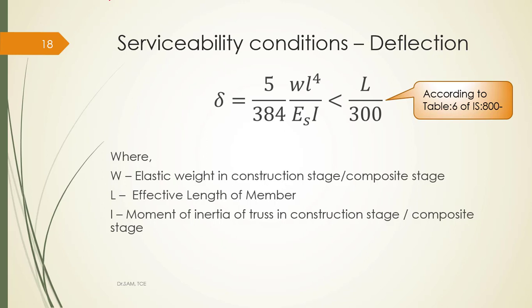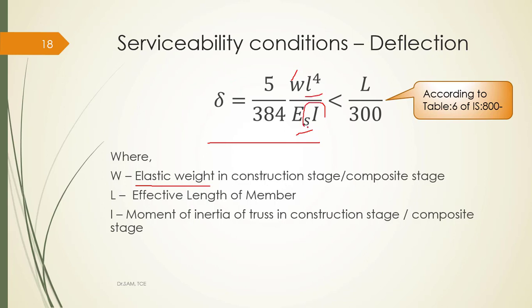Coming to the serviceability check, here mainly we check against deflection. Since most of the composite trusses are simply supported, the deflection will be 5 by 384 WL power 4 by ES I. Here E_s is the Young's modulus of steel, since the majority of the material is steel. W is the elastic load, that is, without any partial factor you take the actual load. L is the effective span.